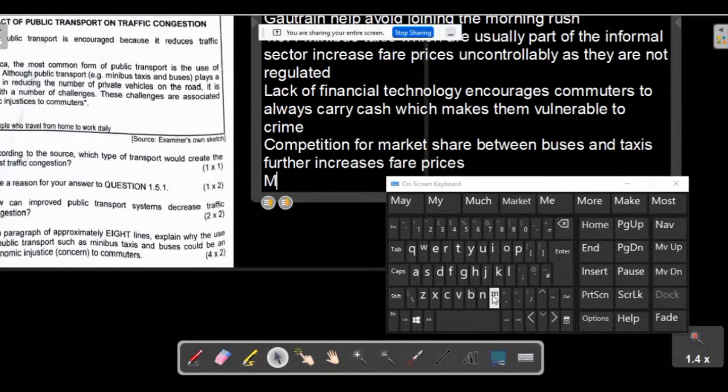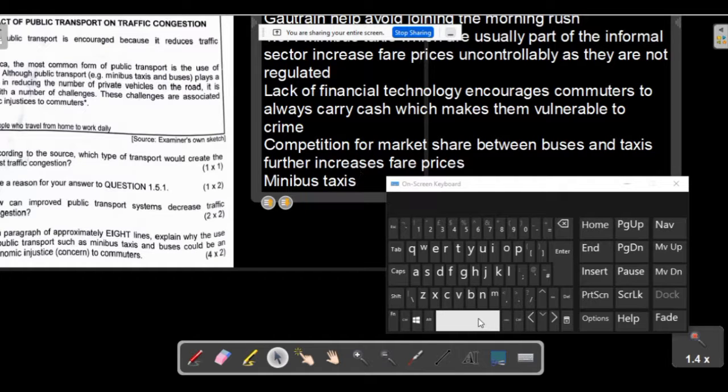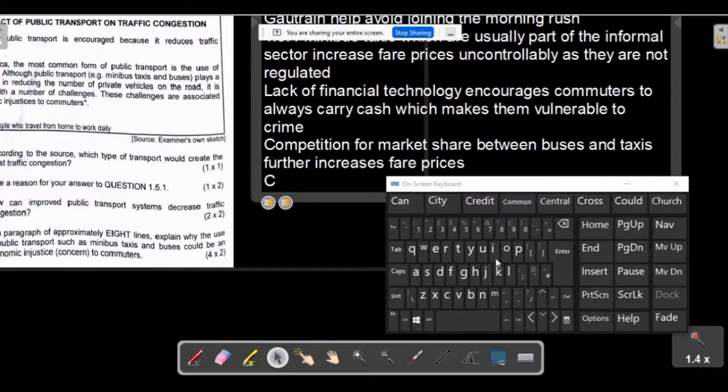And you can also say that minibus taxis, or we can say that commuters have minimal right to dispute increases.